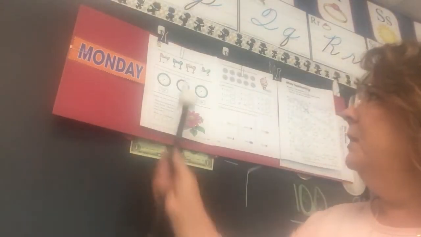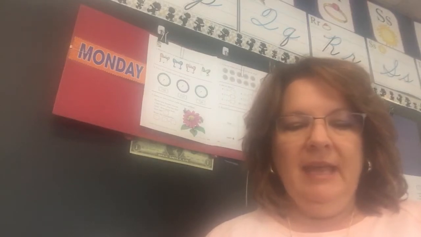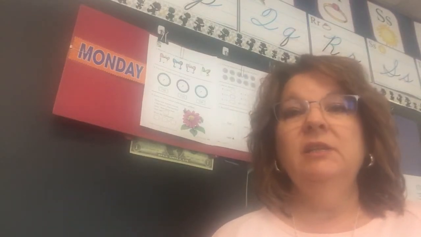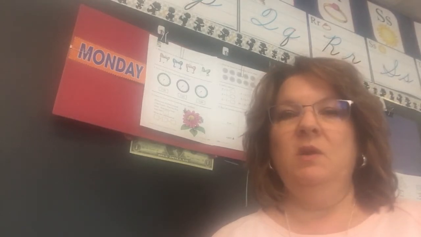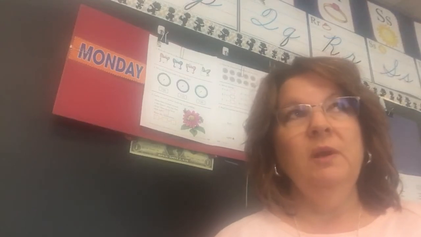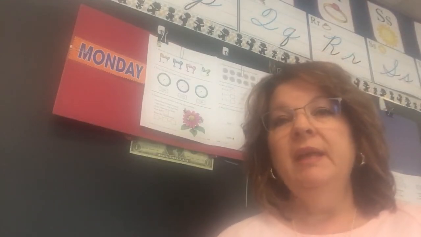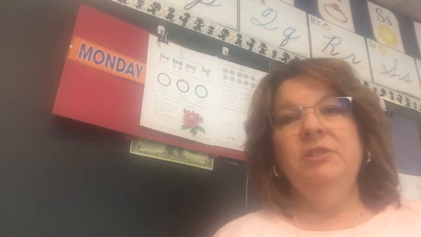On number 1, the first butterfly, I want you to write the answer to the combination 2 plus 2 equal. The first butterfly, 2 plus 2 equal. All right? Now, parents, you may need to write these down and go back later, okay?